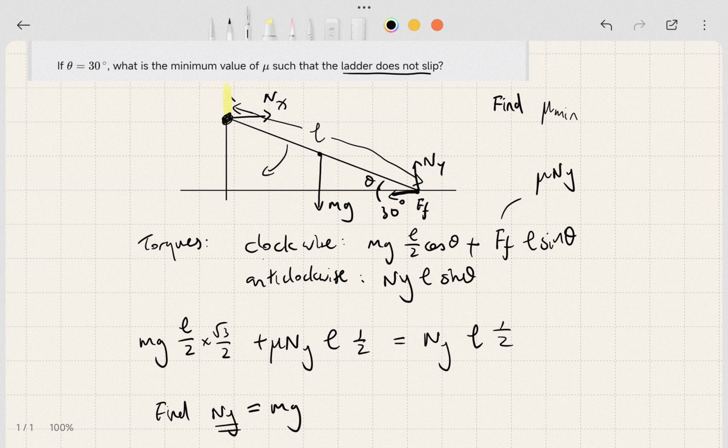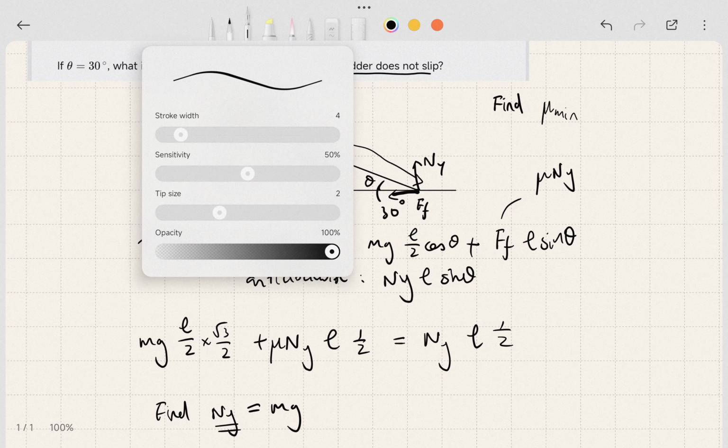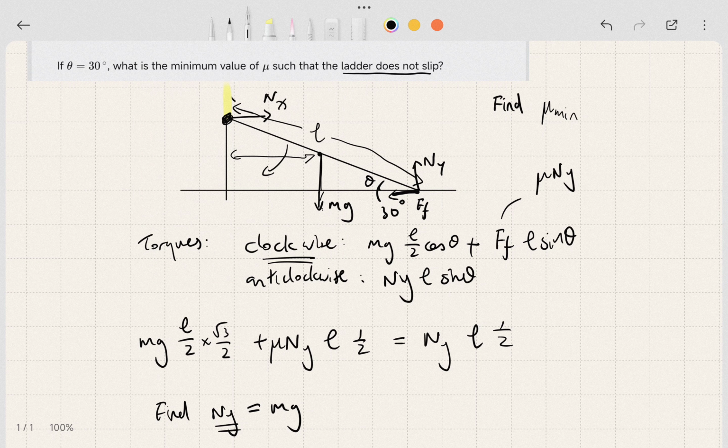So let's revise. We've got the clockwise torque from the weight down here. So the force is mg, and the distance we're taking is half of L times cosine of theta. I think this is correct.